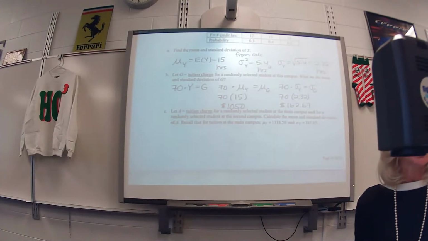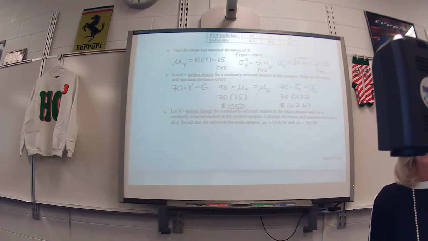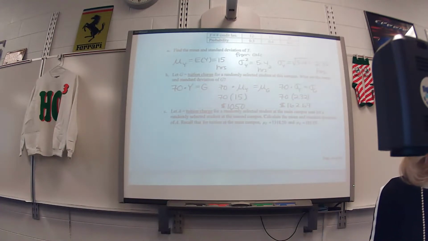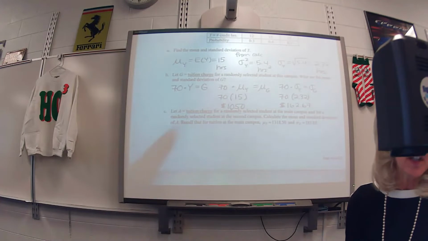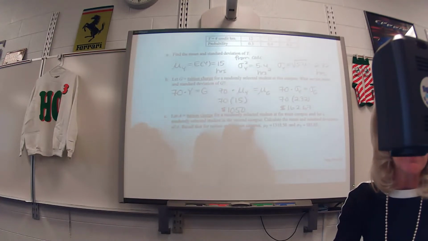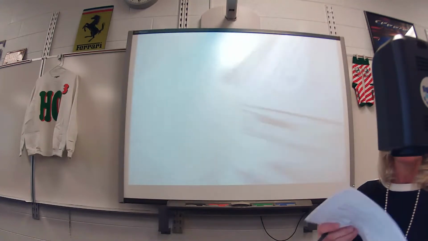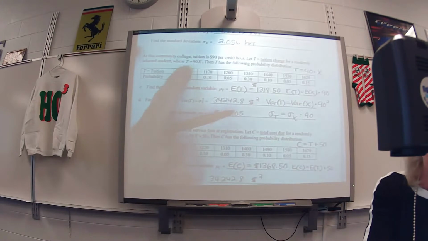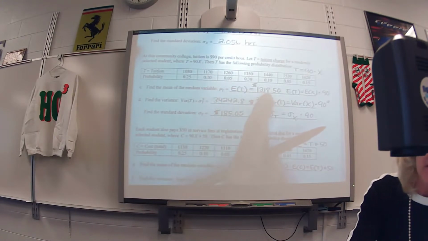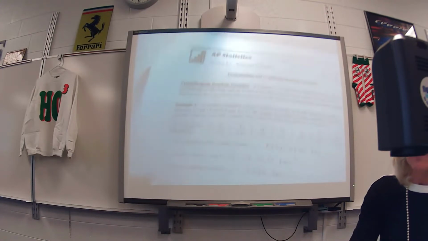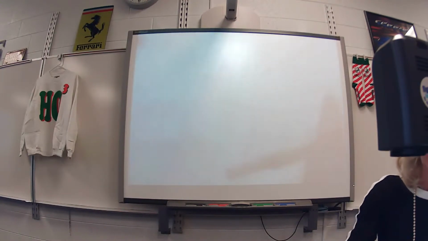Now, A is the tuition charge for a student from the main campus and a student from this new campus. This tuition charge was called G. If we went back to the other page, this was tuition at the other campus. That expected value was 1318.50. That standard deviation was 185.05, which I repeated right here.